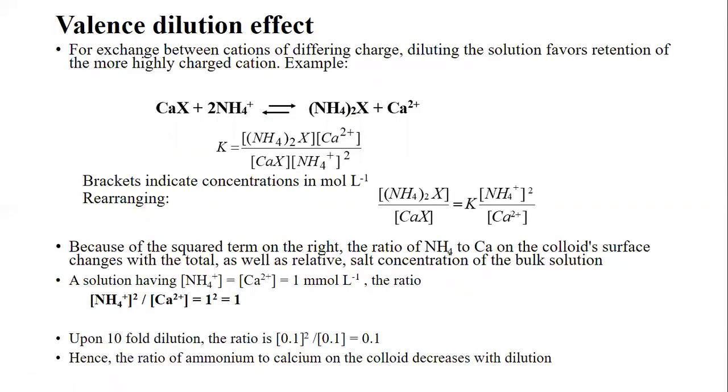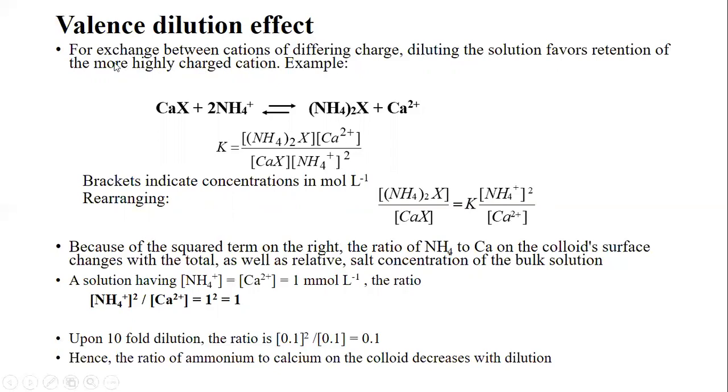Okay, this is very important. Concentrate with me a little bit so that we understand this valence dilution effect. For exchange between cations of differing charge, diluting the solution favors retention of the more highly charged cation. This is the statement in general. This is the rule.